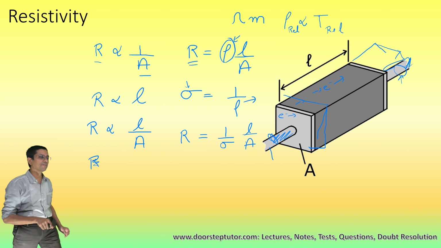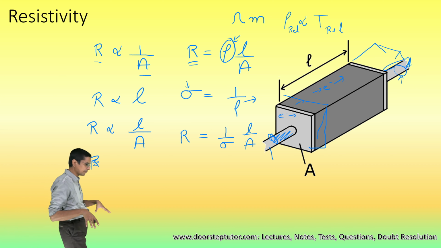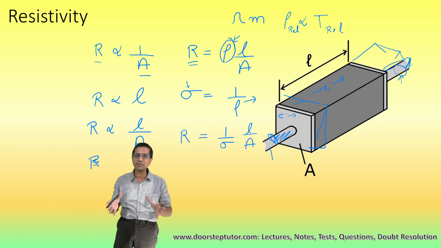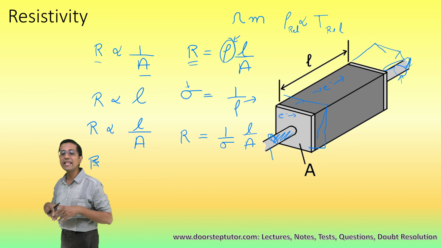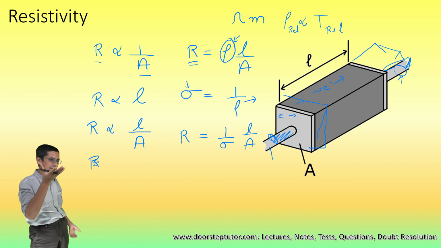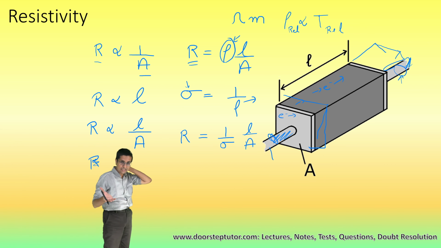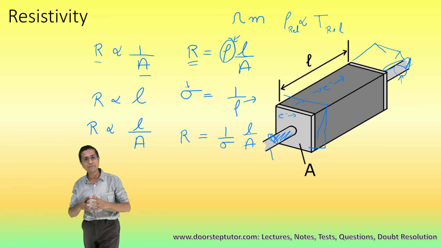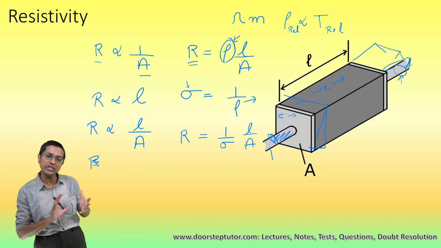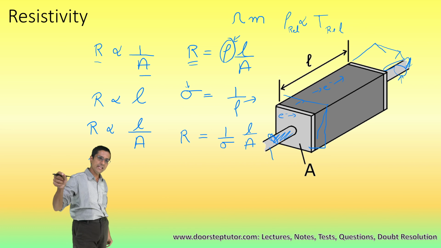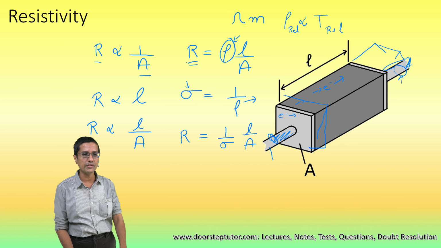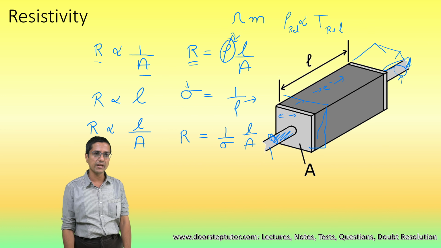We will derive this equation in another class, but for the purposes of our discussion here, very roughly we can say that resistivity increases with temperature. So as I increase the temperature of the substance, this resistivity increases, because of which, even if the length and area do not change at all, the resistance of that substance would change, because this rho term would increase, and that would cause the R term to increase.